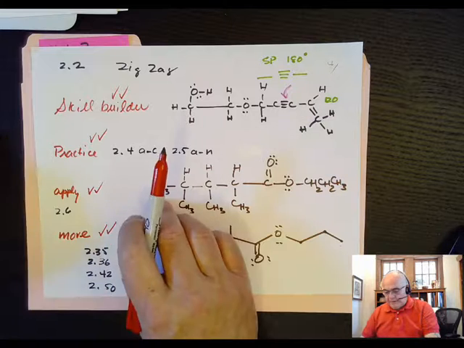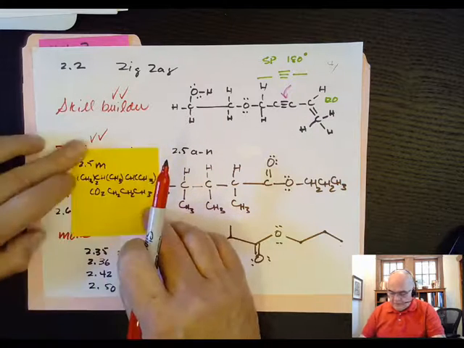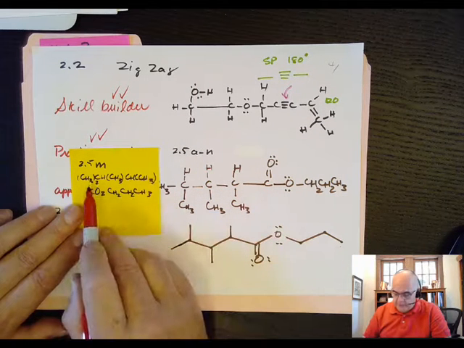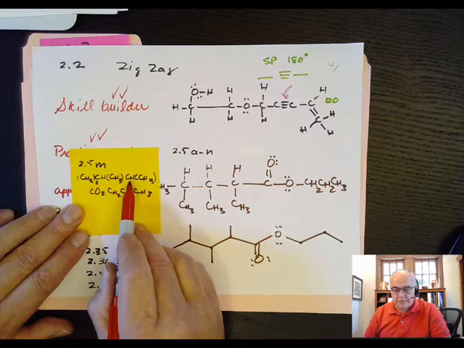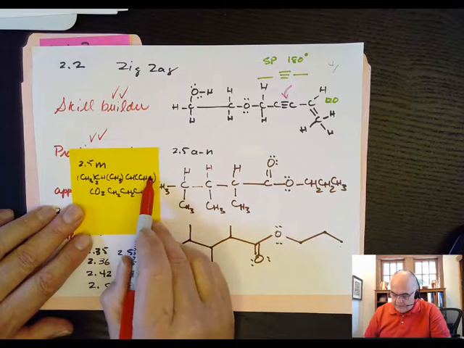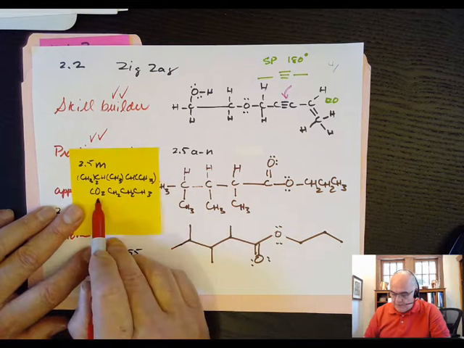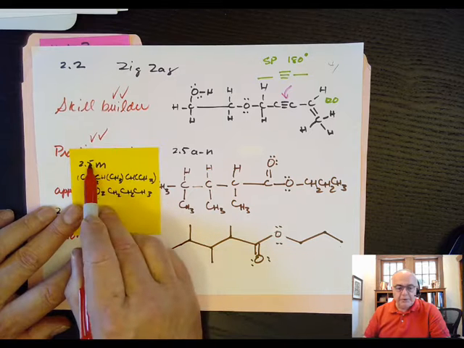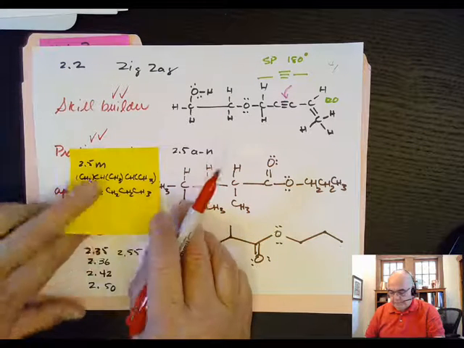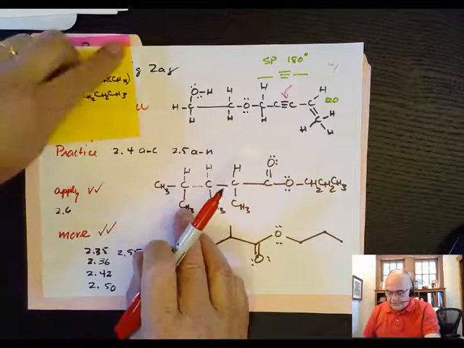So as part of the practice I did, I look at the (CH3)2CH, CH3, CH, CH3, CO2, CH2, CH2, CH3. So this was homework number 2.5. What I did, I tried to draw it here.